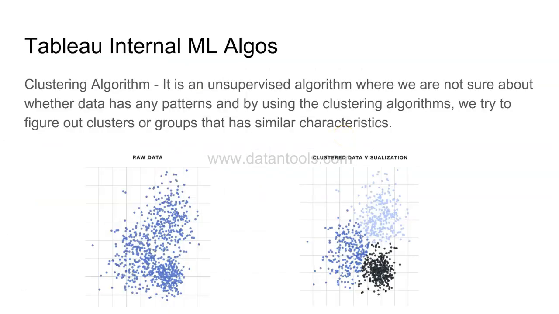Hi guys, welcome to the next video, and in this video I will talk about Tableau's internal machine learning algorithms. One of the very first algorithms we will see is the clustering algorithm, and as it is mentioned over here, it is an unsupervised algorithm where we are not sure whether the data has any patterns, and by using clustering algorithms we try to figure out clusters or groups that have similar characteristics.